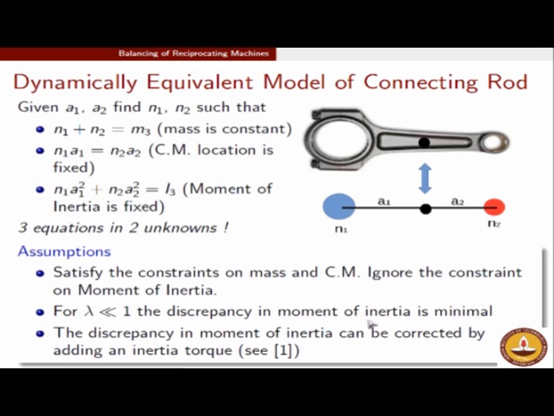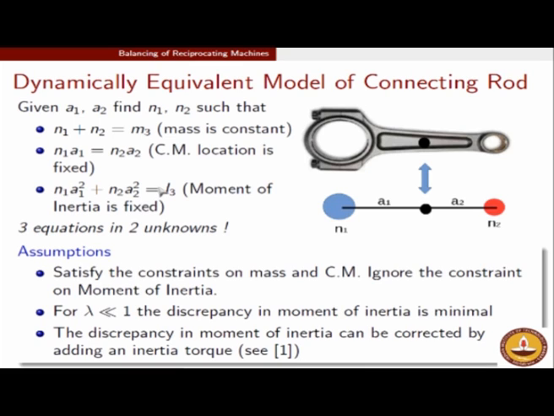The discrepancy in moment of inertia is actually minimal, and even if you think that it is not up to your satisfaction to leave that moment of inertia term, then this arbitrary step that we are taking can be corrected by applying an extra inertia torque, which is exactly what is given in the book, but for the want of time I do not want to dwell in that direction. In case you are interested, please read it in Ghosh and Mallik's book.